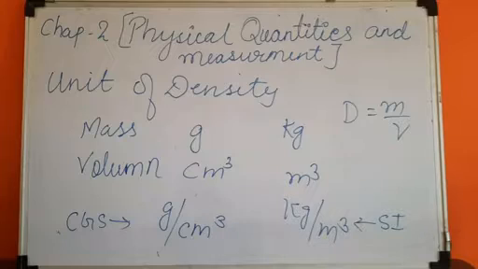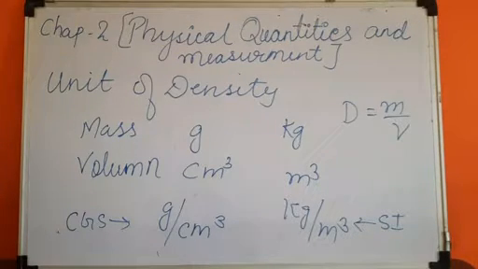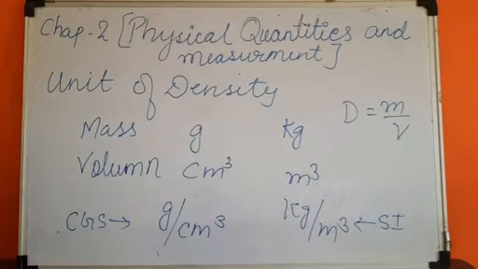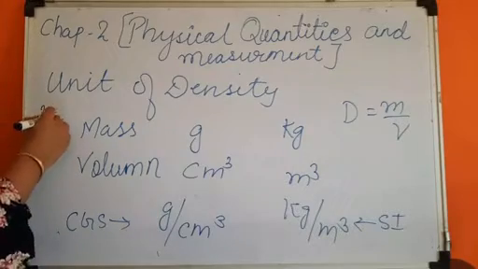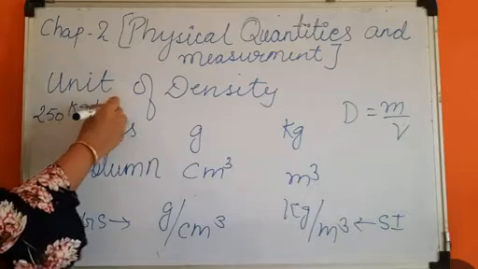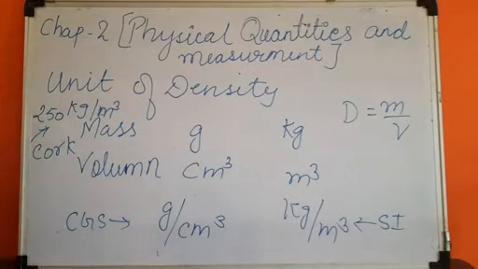Let me tell you some examples of density of some substances. In solids, the density of a cork is 250 kilogram per meter cube. This is the density of a cork.